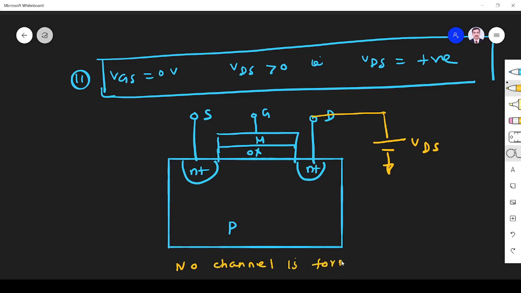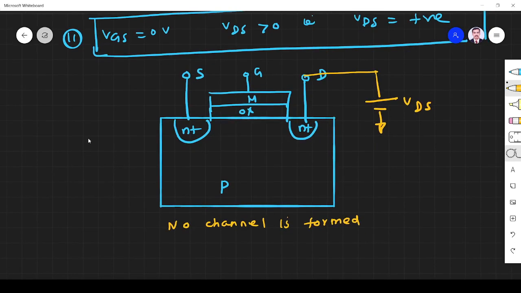Moreover, the N plus drain region is connected to P type, so the drain and ground junction is reverse biased. So there is no current.